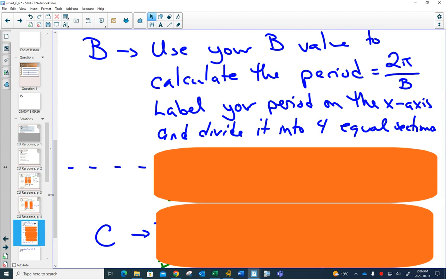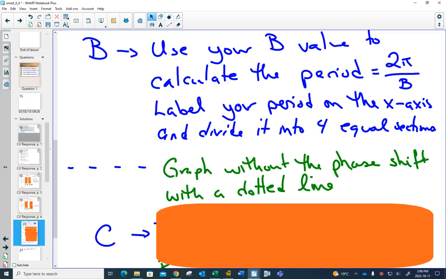Use the b value to calculate the period, label your period on the x-axis, and divide it into 4 equal sections. Then, the dash. Because it's DAB, dash, C. The dash means something. You have to graph without the phase shift in a dotted line.